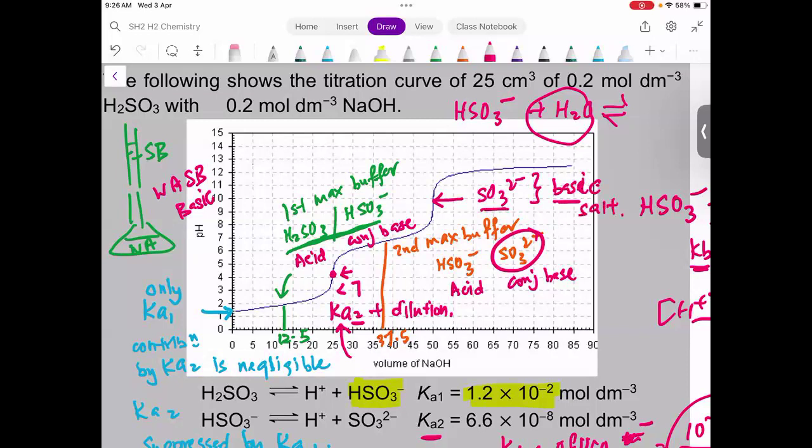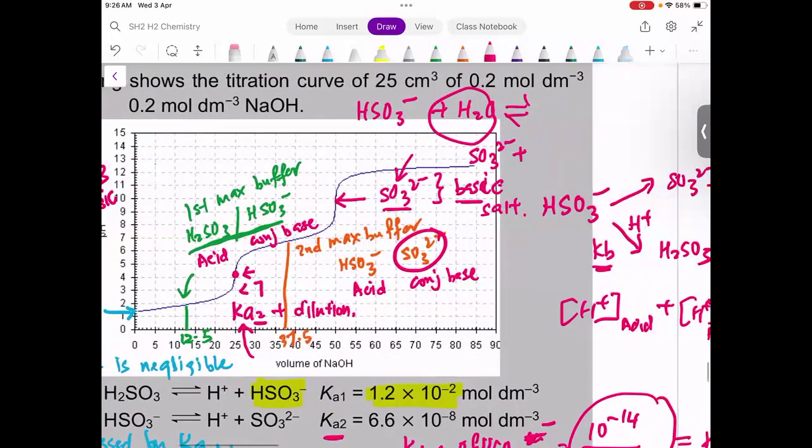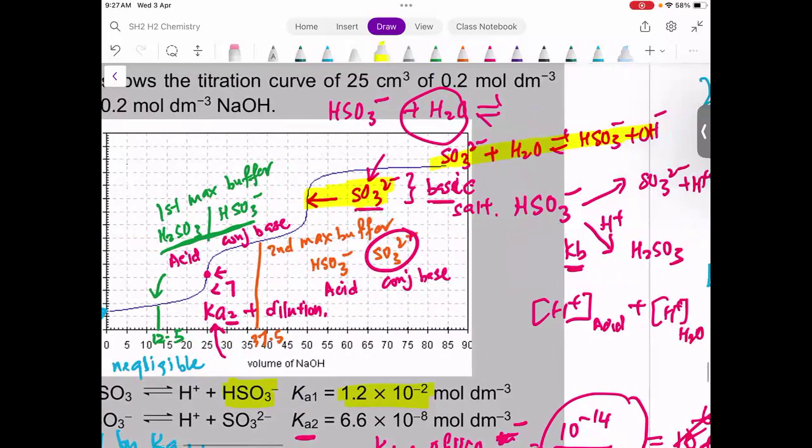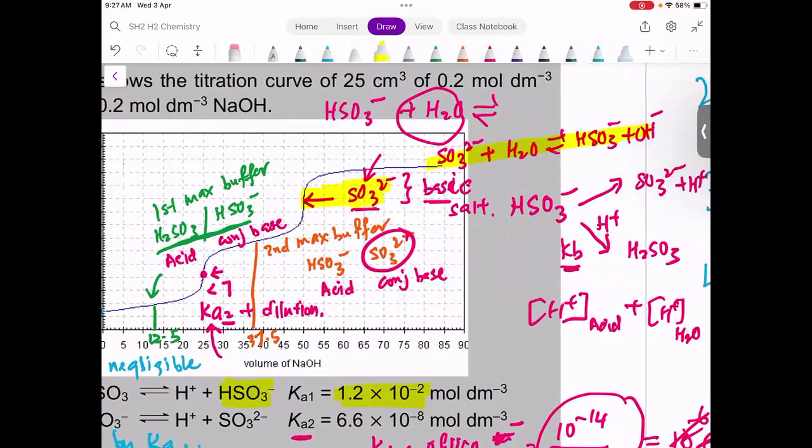If you write the equation to represent this, it will be sulfide reacting with water to form hydrogen sulfide and OH minus. This will be the equation accounting for the alkaline pH here. Make sense? Any other question?